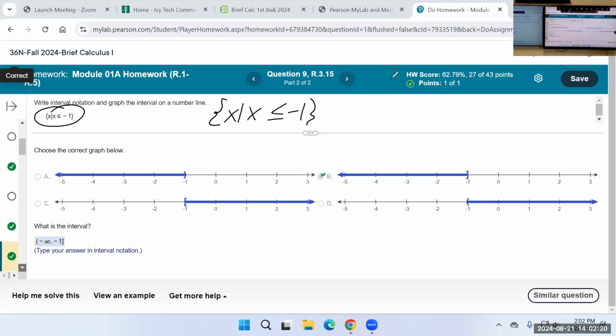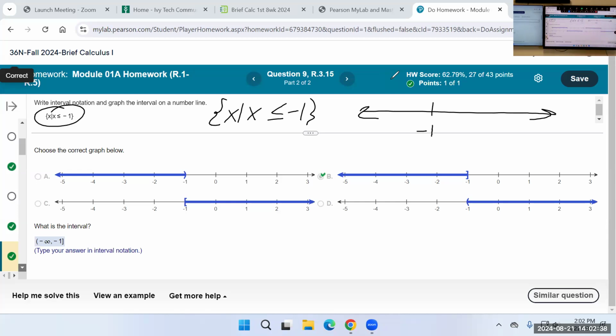Well, that's an infinite amount of numbers, so that's a lot. How do you convert this into interval notation? Well, visually, this is what we're talking about here. We seem to be interested in -1.